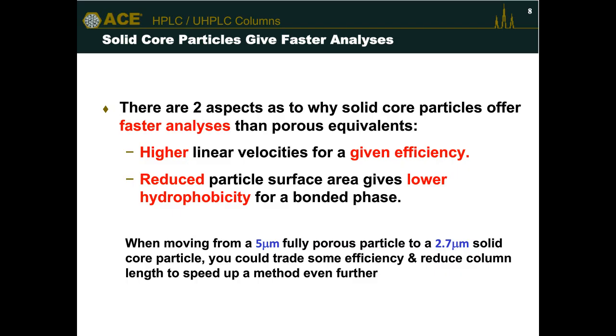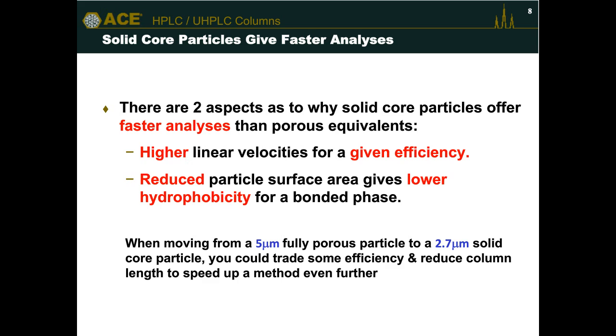If you want to move from your standard 5 micron fully porous phase to one of these 2.5, 2.6, 2.7 micron solid core columns, then what you can do is trade in some of that extra efficiency by reducing the column length.